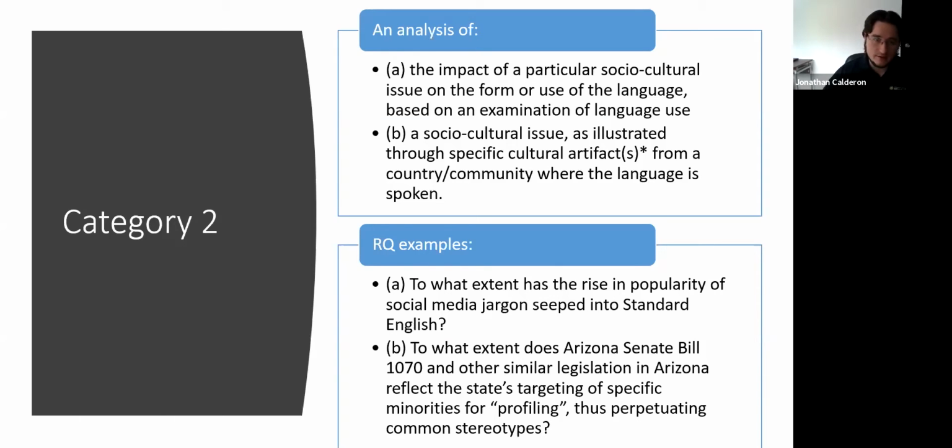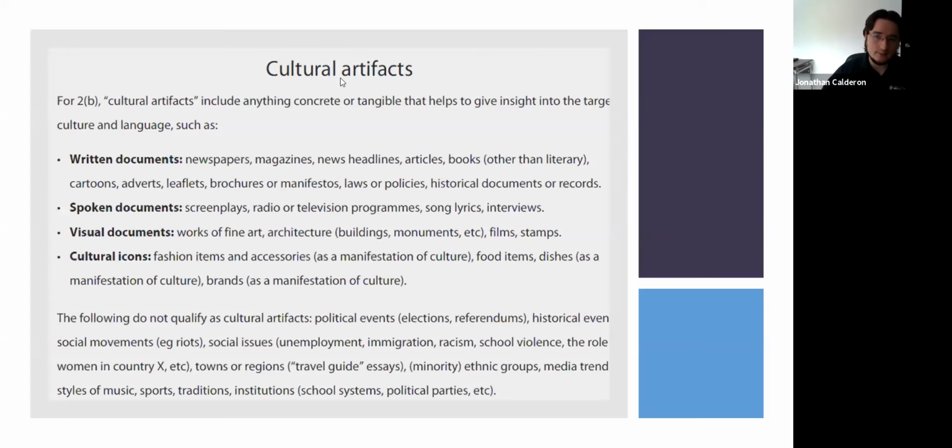Okay, and this is a screenshot that I took from the extended essay guide. So for 2B, a cultural artifact includes anything concrete or tangible that helps to give insight into the target culture, such as written documents. So it could be a newspaper, magazine, news headlines, articles, books, etc. It could be spoken documents, for example, a screenplay, radio or television programs, song lyrics, and interviews.